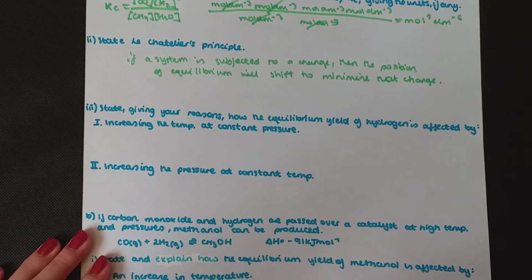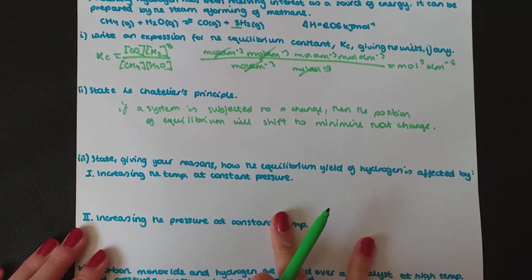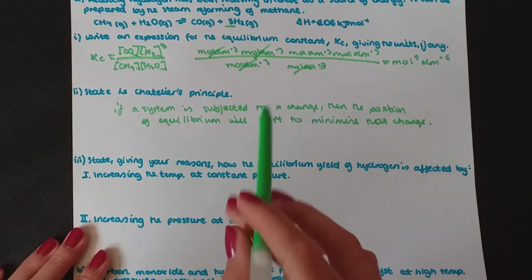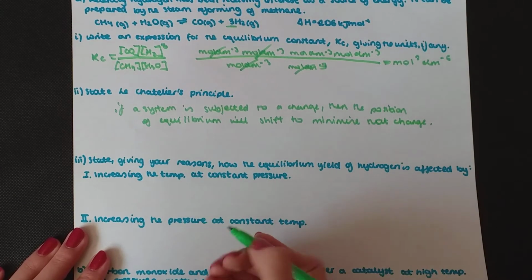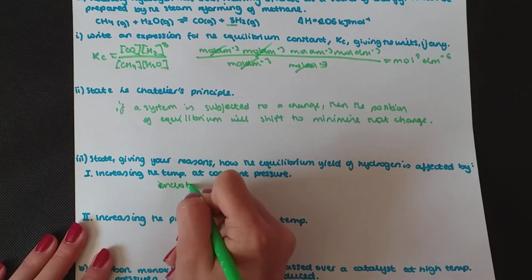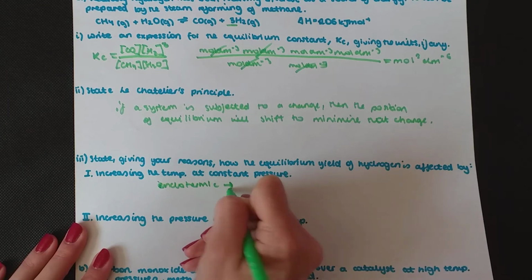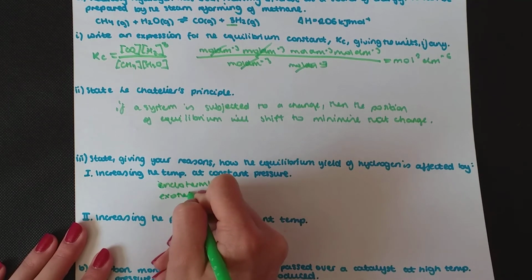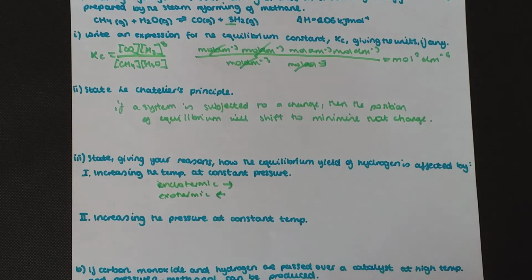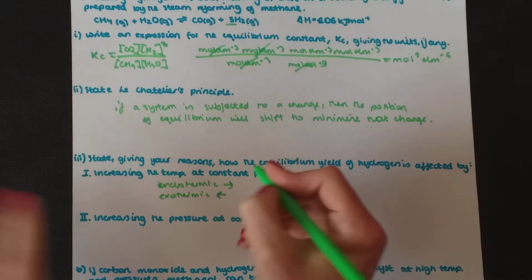State, giving reasons, how the equilibrium yield of hydrogen is affected by increasing the temperature at constant pressure. Here is our equation. We are looking at the hydrogen. What will happen to the hydrogen when we increase the temperature? So as we said before, it's an endothermic reaction in the right hand side direction. So it's going to be exothermic in the left hand side. If we increase the temperature, the equation will do anything it can to decrease the temperature.